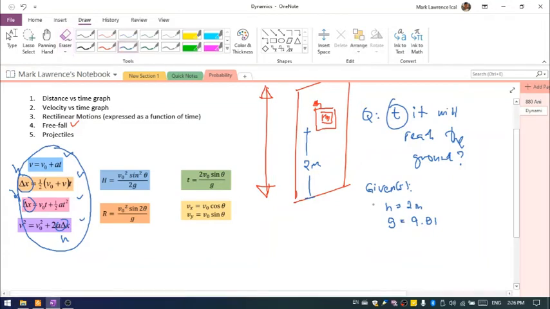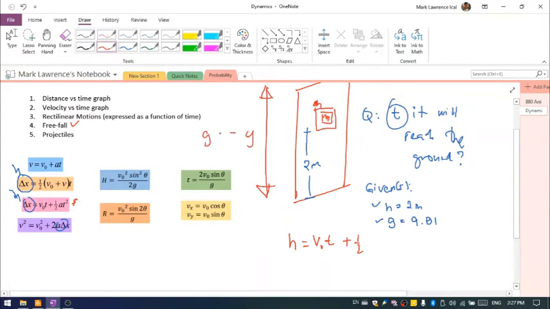Now we have H and we have G. Looking at our set of formulas here, what are we going to use? Let's try this one: H is equal to V naught times T plus 1/2 A. Again, if we are talking about kinematics along the y-axis, we use G, not A. So G T squared.